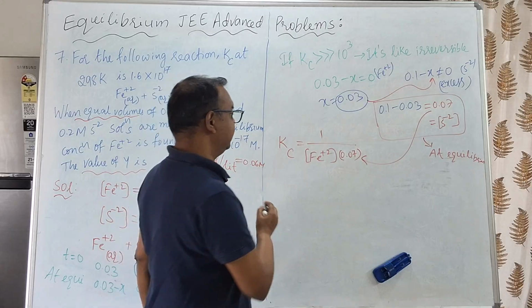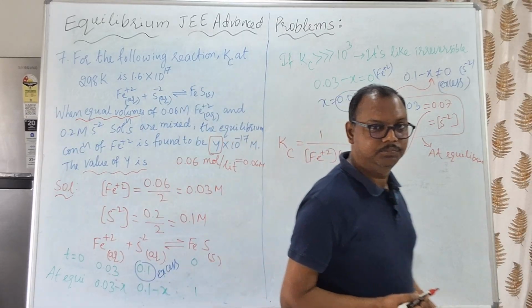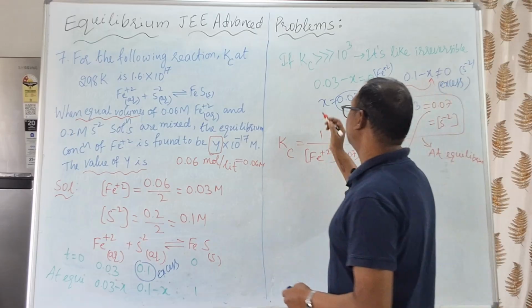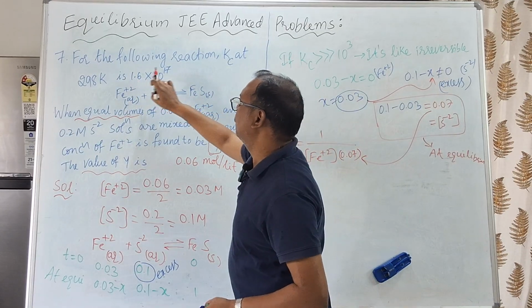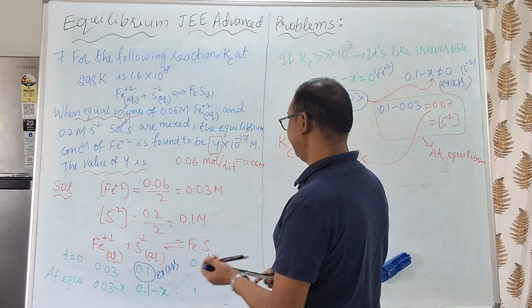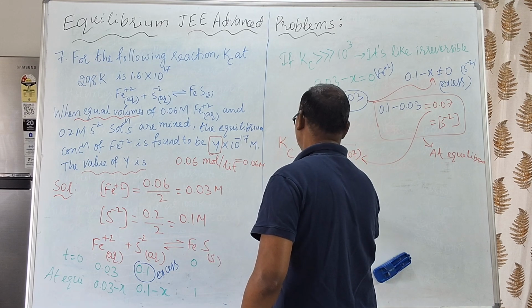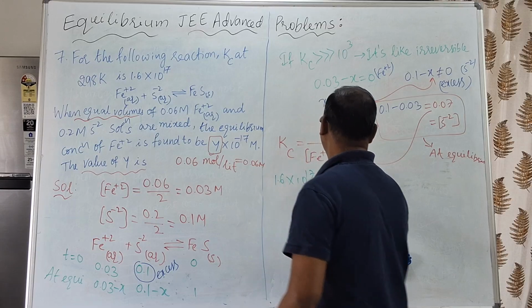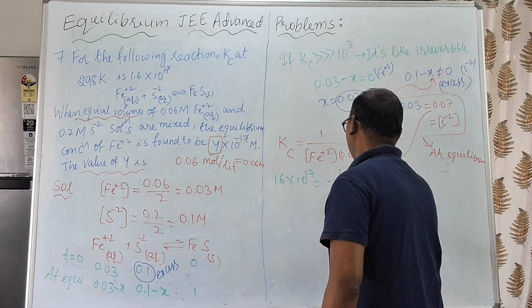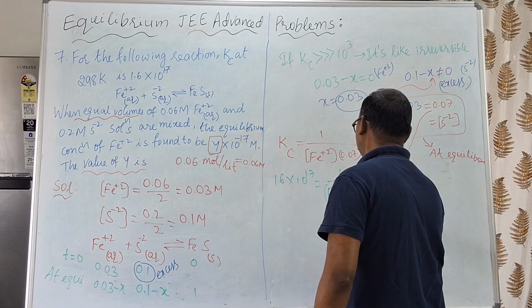The Kc value we know very well. The value of Kc is given as 1.6 into 10 power 17, which equals 1 by the concentration of Fe plus 2 into 0.07.